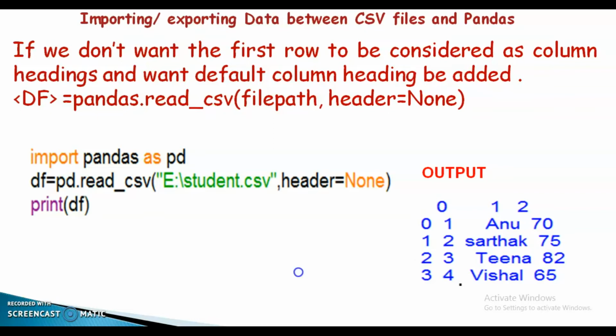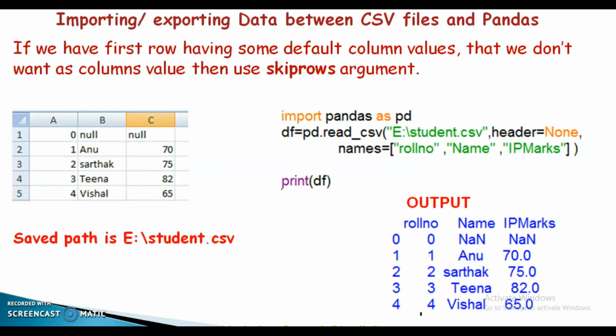Okay, clear? Then if the first row has some default column values that we don't want as column values, then use the skiprows argument. Listen, here we inserted the default column values. We don't want those column values.